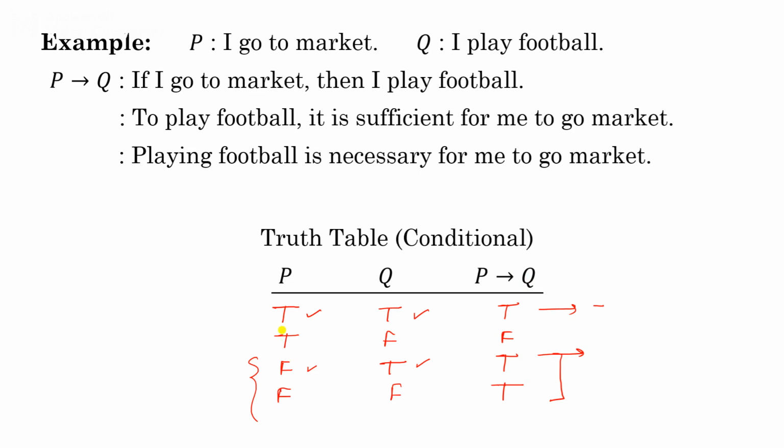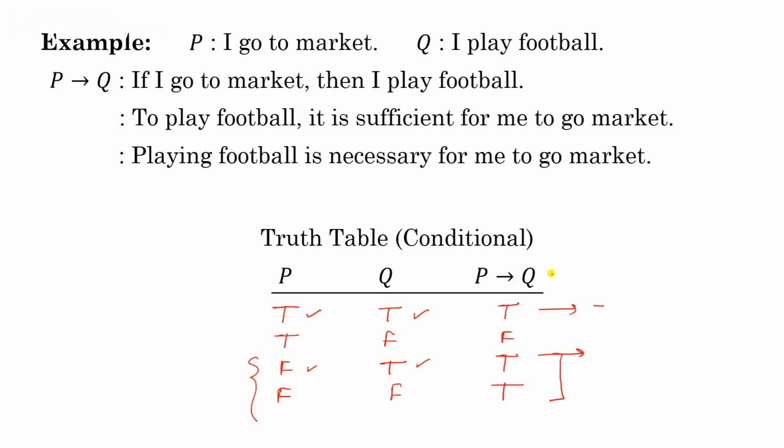Similarly, whenever the condition is false, in these two cases, we are not going to check the truth value of Q. This conditional statement will be true. And remember this concept will be used in a number of cases in other discrete structures, particularly in relations and functions as well. So this is the truth table.